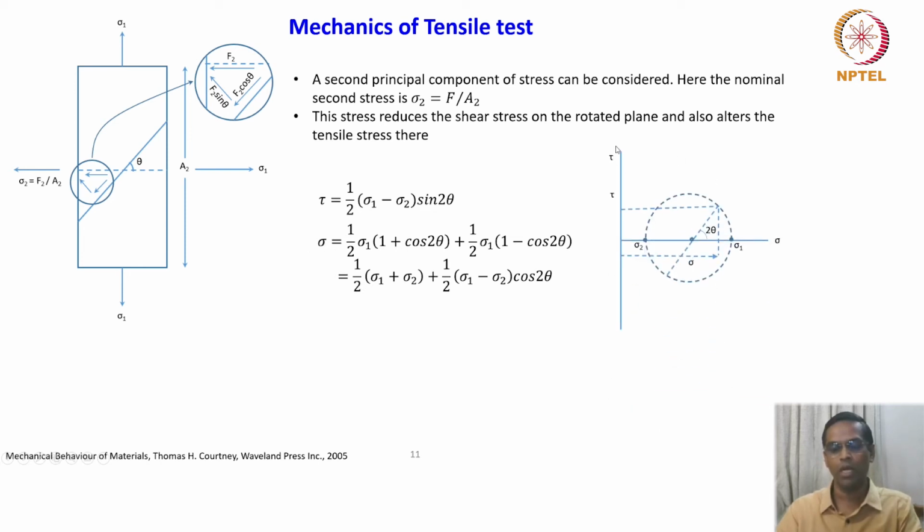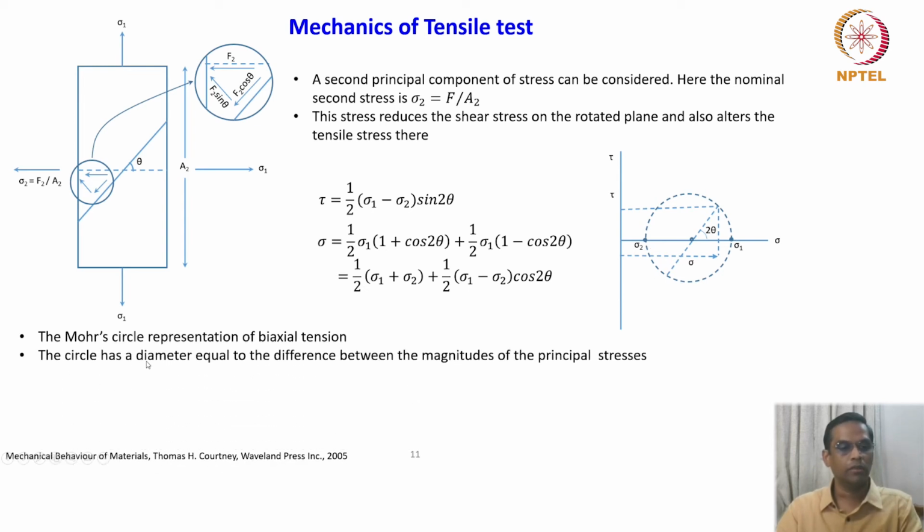So we can plot them again on the Mohr circle. Here we are talking about two principal stresses, sigma 1 and sigma 2. The difference between sigma 1 and sigma 2 forms the diameter of the Mohr circle. Okay, so that is sigma 1 minus sigma 2. So this is what is written.